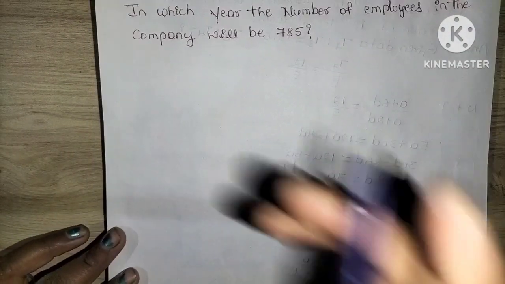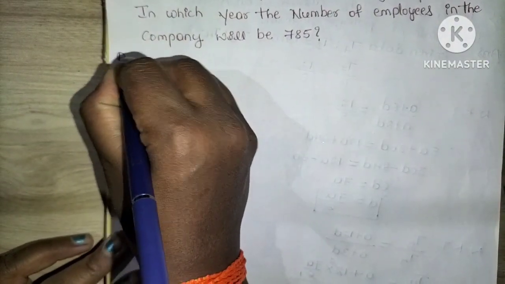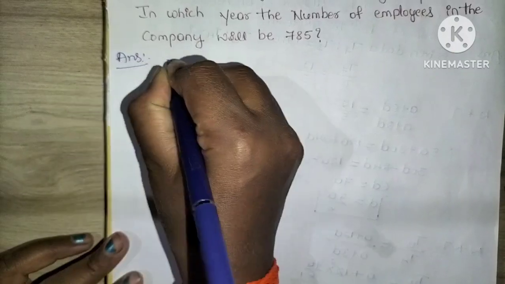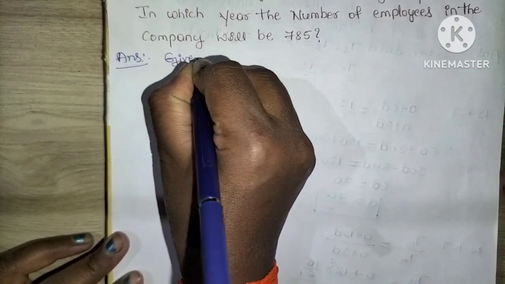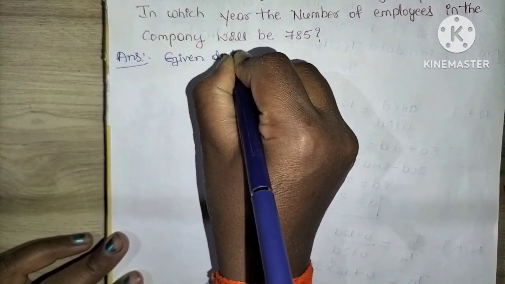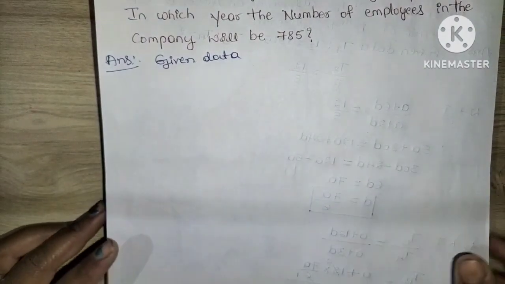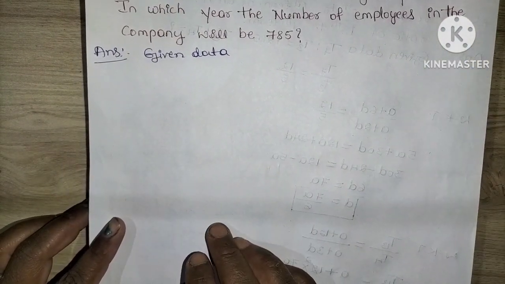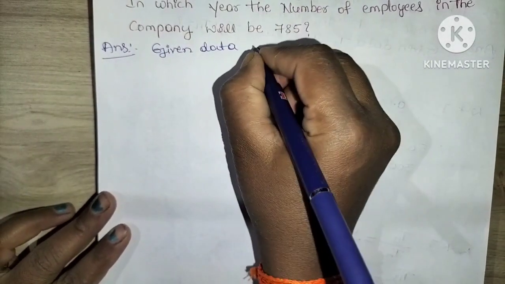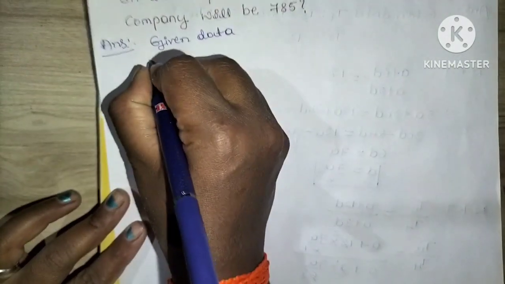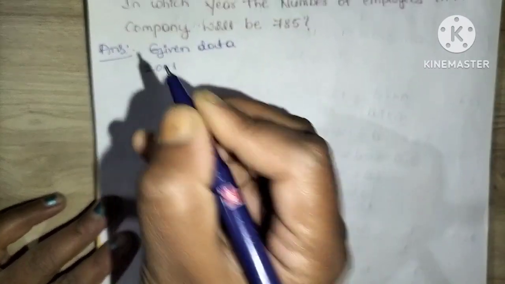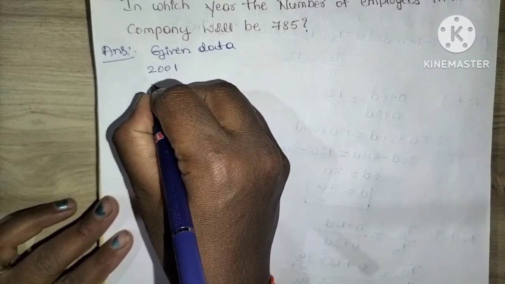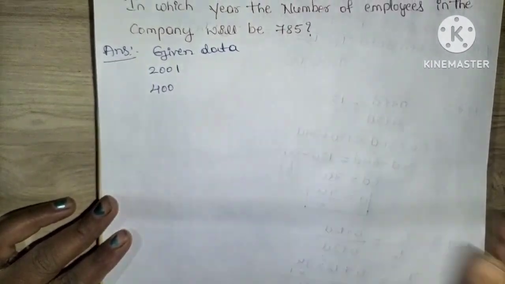First we have to write the given data, right? Given data. A company employed 400 persons in the year 2001. So in 2001 the company employees are 400.